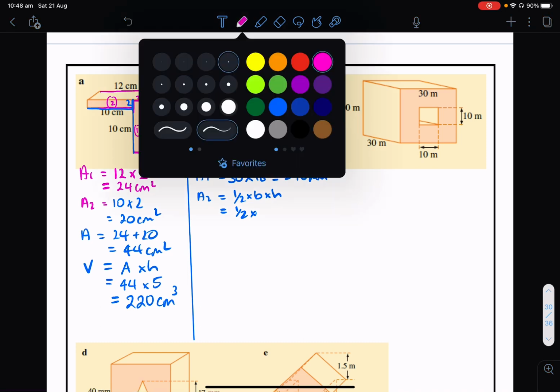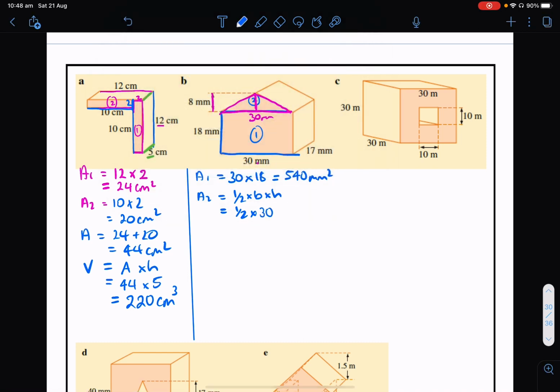So it's going to be a half times our base, 30 times by 8, which is our height. So if we go, that's 15 times 8. That's going to give us 120 millimeters squared. Okay, so our area will be 540 plus 120. So that will give us 660 millimeters squared.